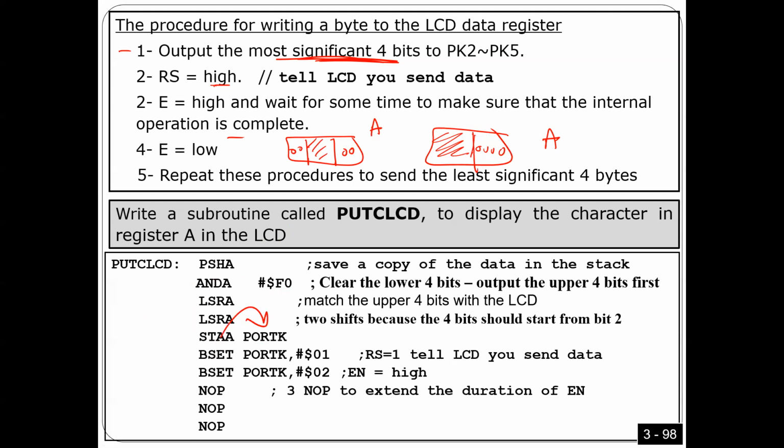You got it? So in the very beginning, we have register A this way because I'm just interested in these 4 now. So I'm going to do AND to clear these 4 this way. This is the first step I did. Number 2, we shift register A twice. Can anyone guess why I shifted register A twice this way? Any guess?